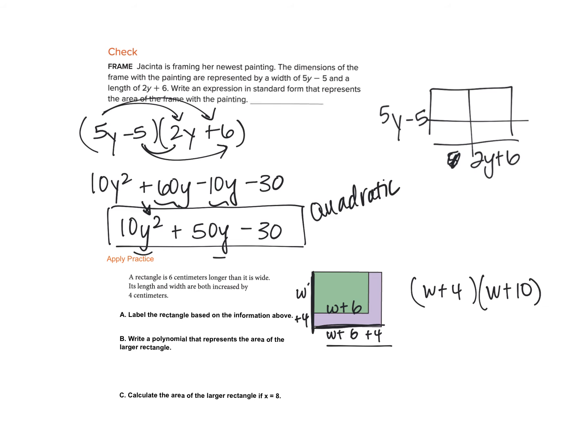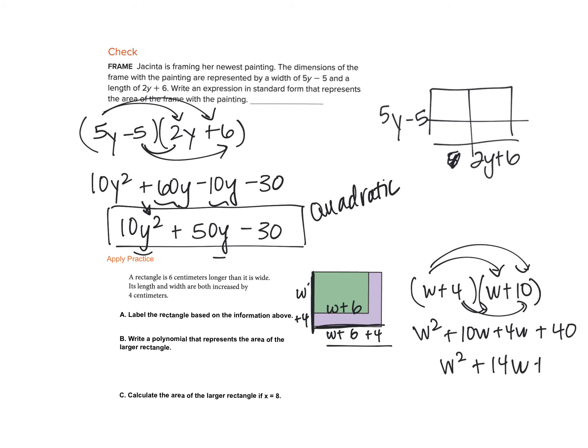Okay, so if I multiply that out, I would end up with W squared plus 10W plus 4W and plus 40. If I kind of combine that, I get W squared plus 14W plus 40. And there is the area of my larger rectangle, if I had this entire rectangle.